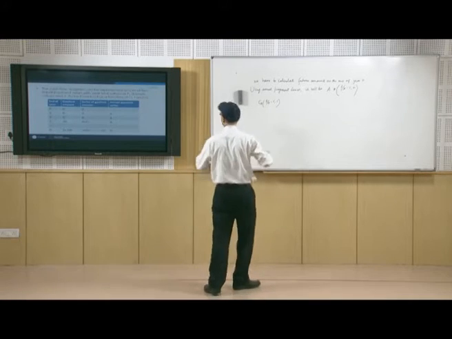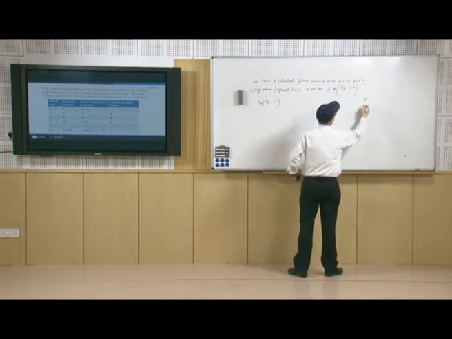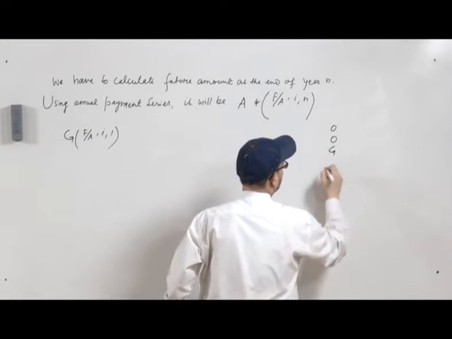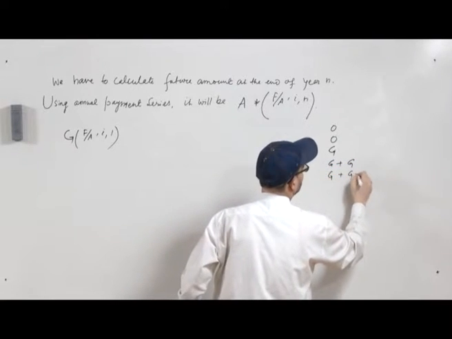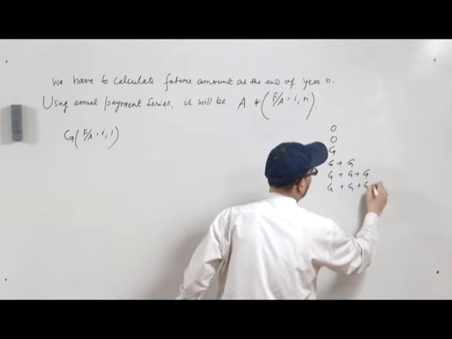Basically, what we see here, the series goes like this: 0, 0, g, g plus g, g plus g plus g, g plus g plus g plus g.